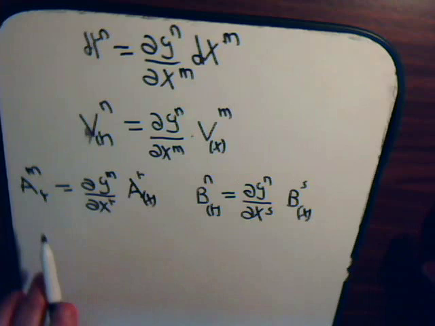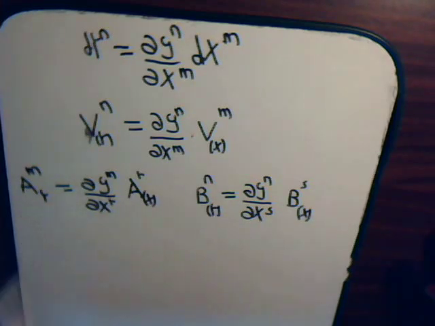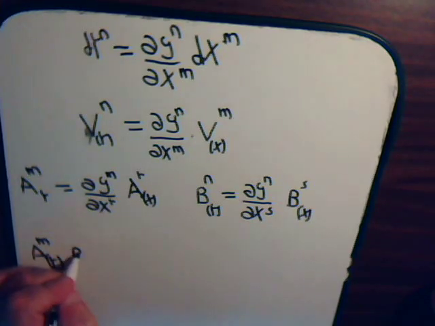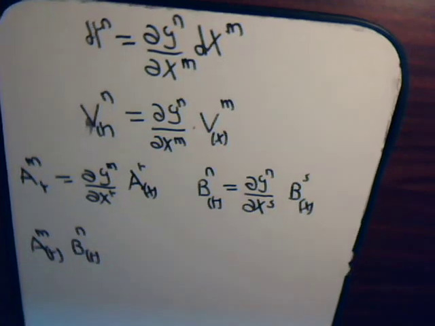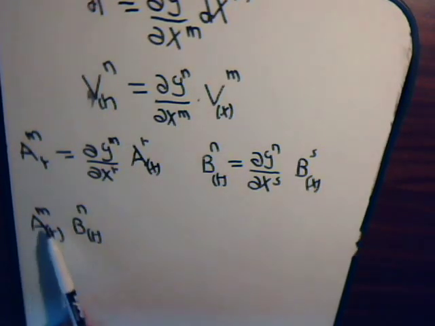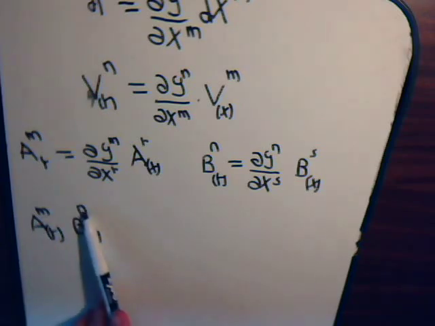Okay, now what happens if we multiply these two together? This has a total of d number of components, and this has a total of d number of components.